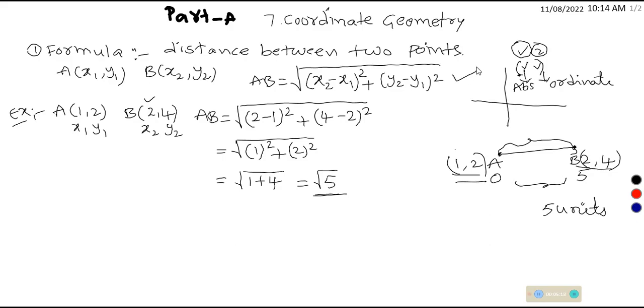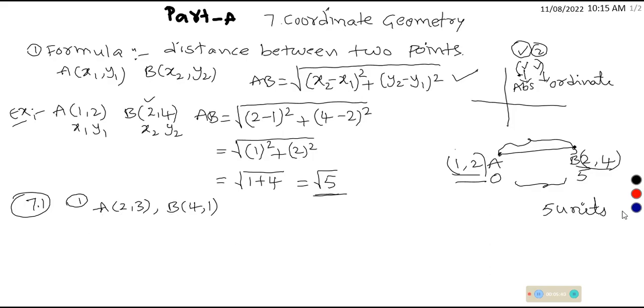Now we will see one textbook problem, that is 7.1 first problem. So in 7.1 first question, what is given? A is equal to 2 comma 3 and B value 4 comma 1. Now we have to find the distance between these 2 points.